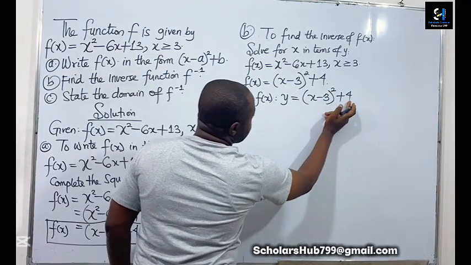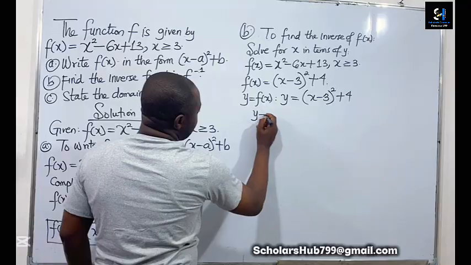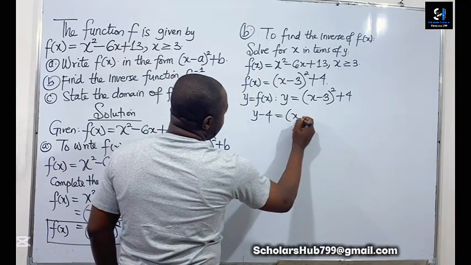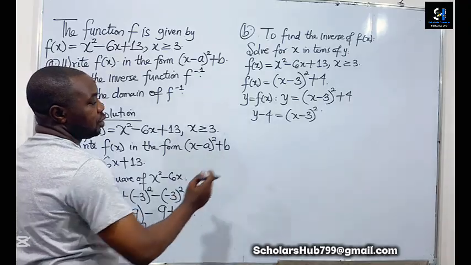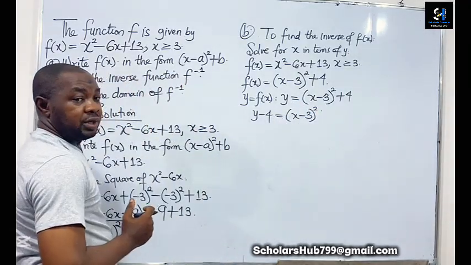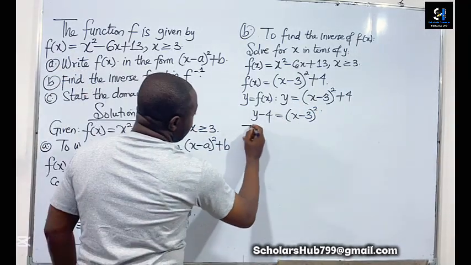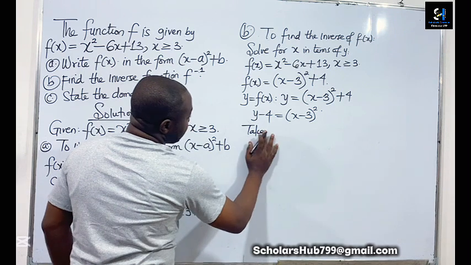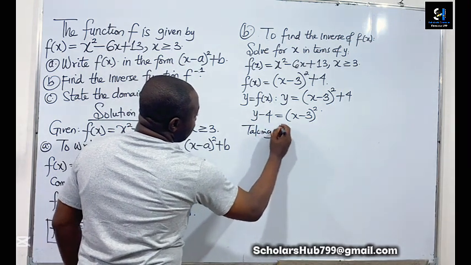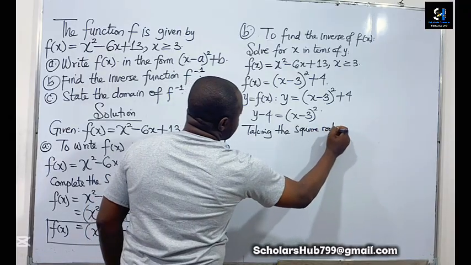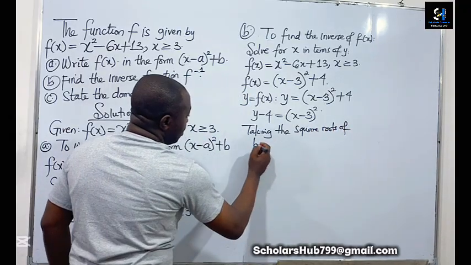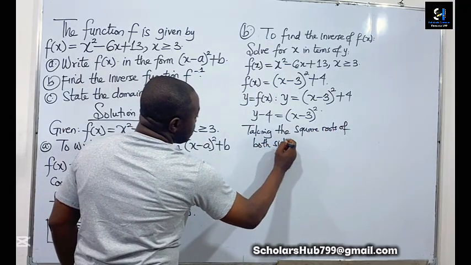I'm going to carry this 4 over to the left-hand side, so that y minus 4 equals (x minus 3) raised to the power of 2. Now, I'm going to get rid of the power by taking the square roots of both sides.